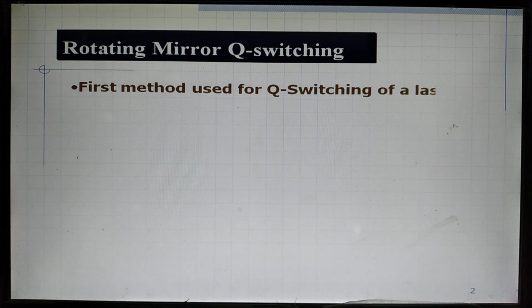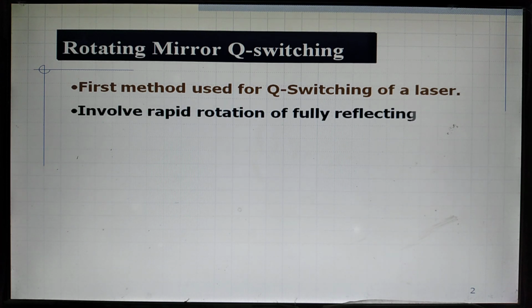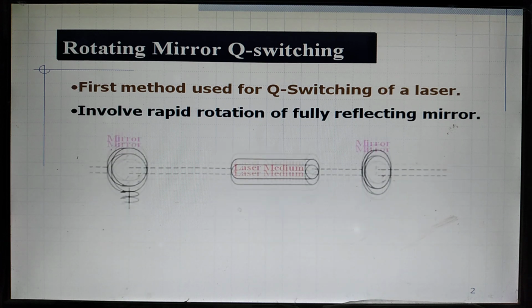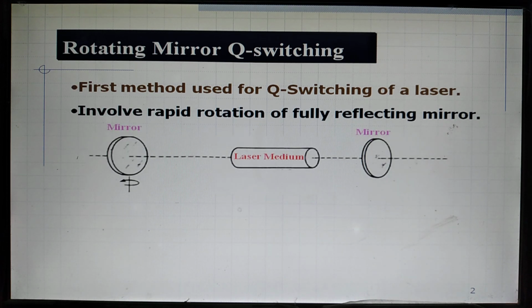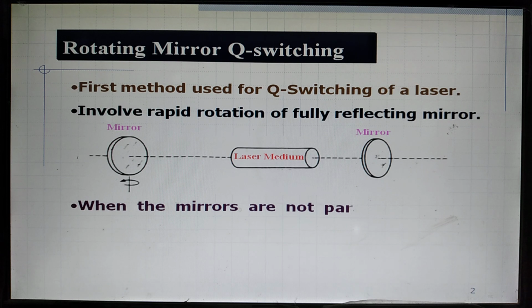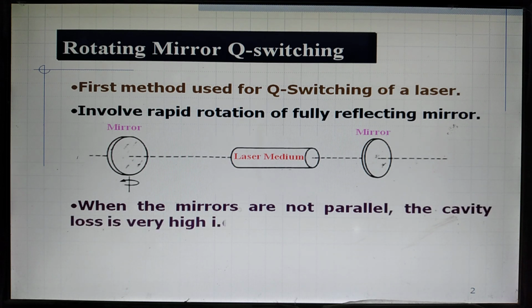The rotating mirror method was the first method used for Q switching of a laser. It involved a rapid rotation of one of the mirrors of the resonator cavity. The mirrors come into parallel position for a short interval of time.